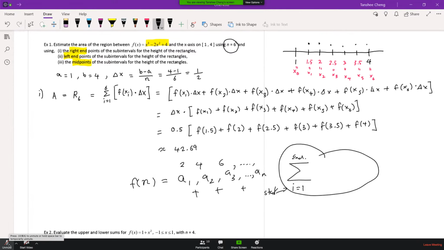Because for the first sub-interval, you're going to get x sub 1 right here. You see that? Right here, x sub 1. So if you talk about 8 sub-intervals, then this will become x sub 0 all the way to x sub 8, from 1 to 4.